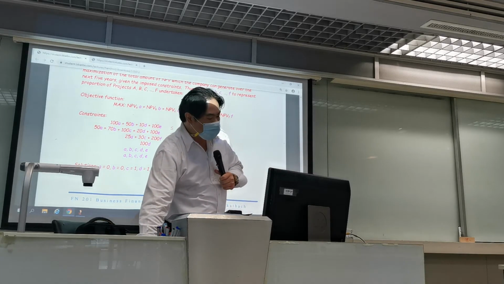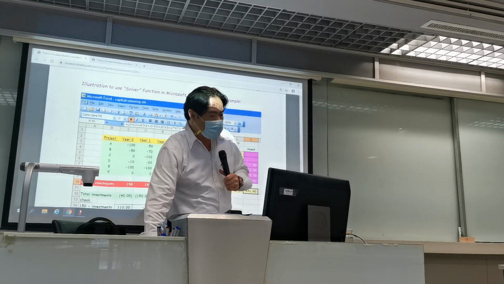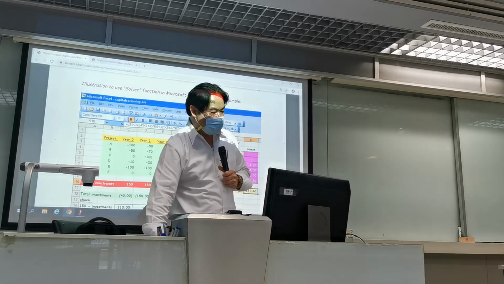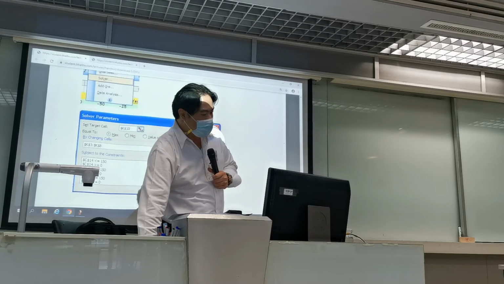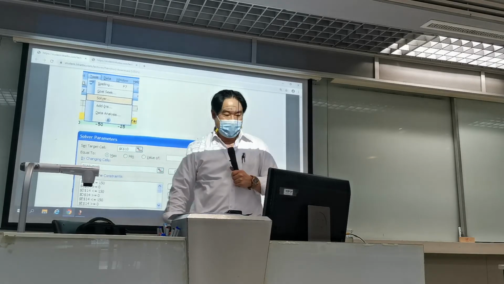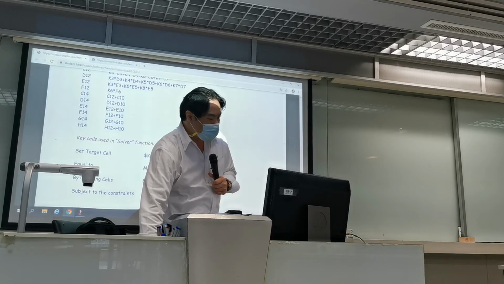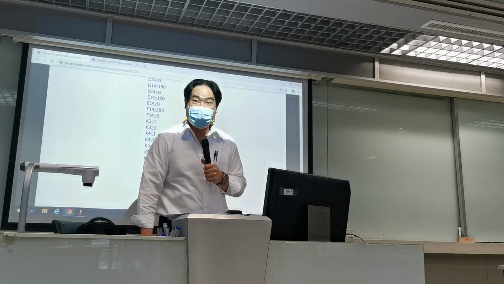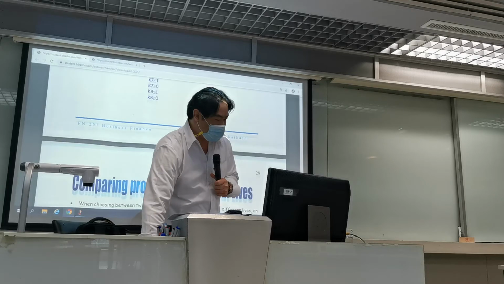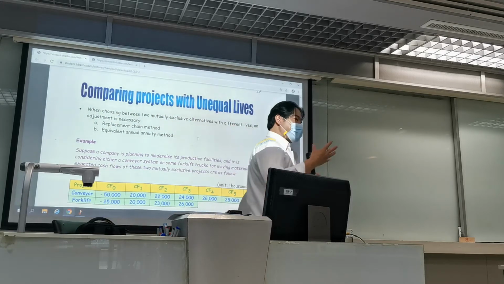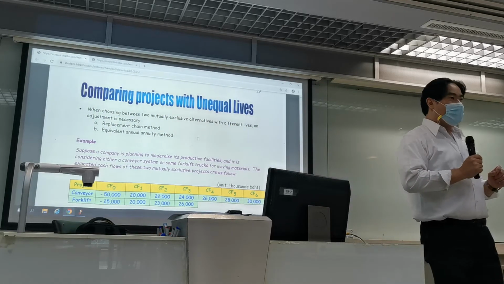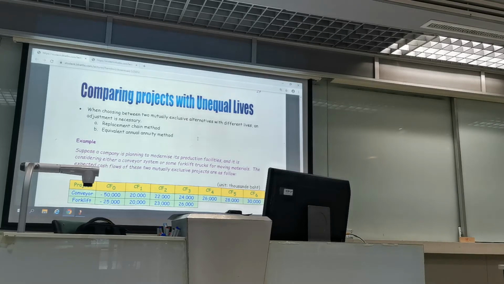One way to do this is to put it in an Excel spreadsheet and use the function called Solver to solve for it. I just give you the process in case anyone would like to do it, and you are going to get the answer from here. Okay, this is what we have. I just want to give you the idea that the situation for capital rationing may be very complex like this.